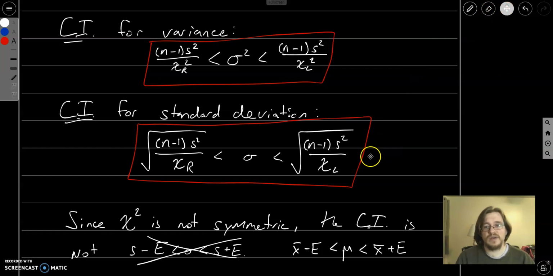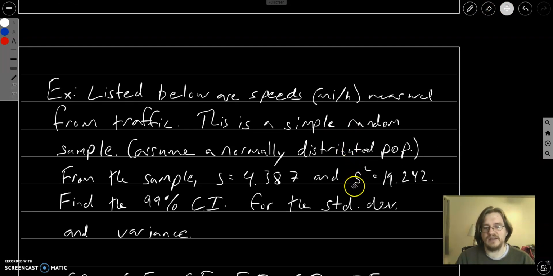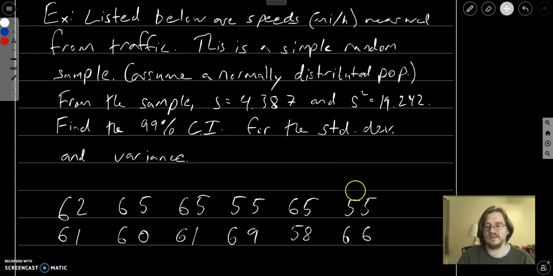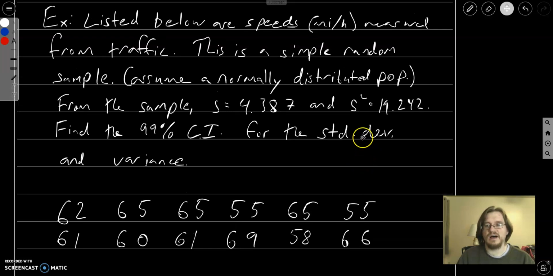So let's go through an actual example to see how we might construct these confidence intervals. And I'll do so in two different ways. So listed below are going to be speeds in miles per hour measured from traffic on some day. They tell us that this is a simple random sample, and we'll assume a normally distributed population.